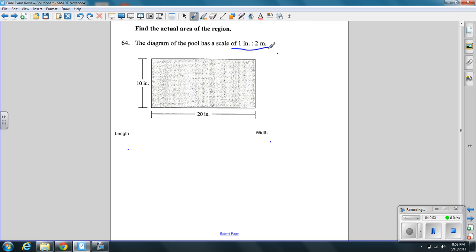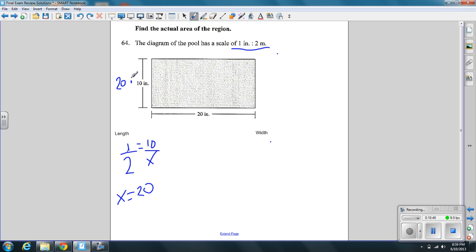When we're doing scale drawings, the first number always represents the drawing, the model, the thing at hand. And the second number always represents the real thing, the actual item. So we're going to take 1 over 2. Remember, it's inches to meters, equals 10 inches to how many meters? Well, 10 times 2 is 20, divided by 1, still 20. So x equals 20.